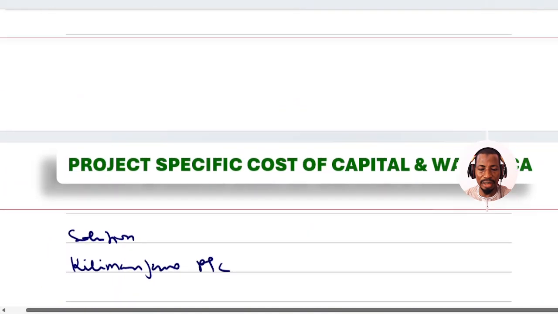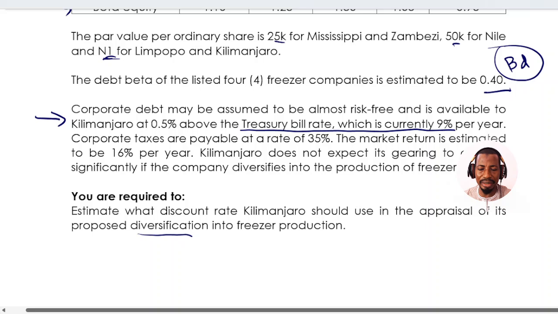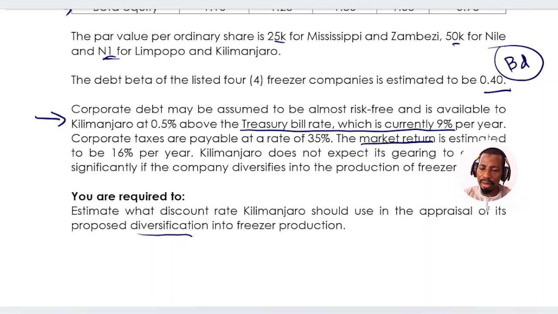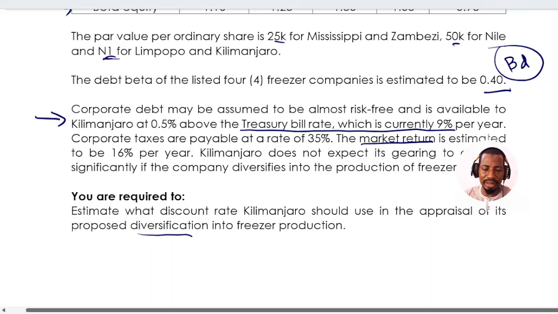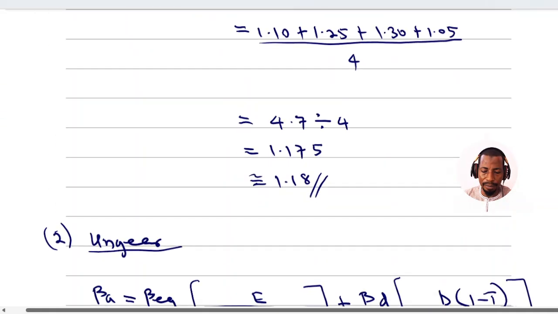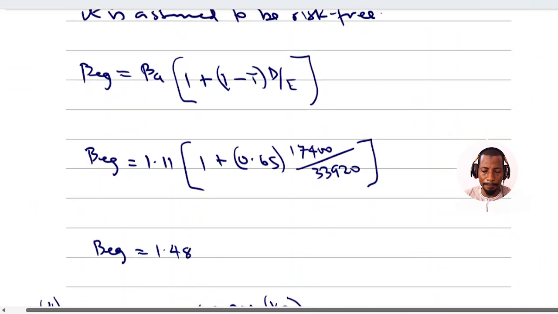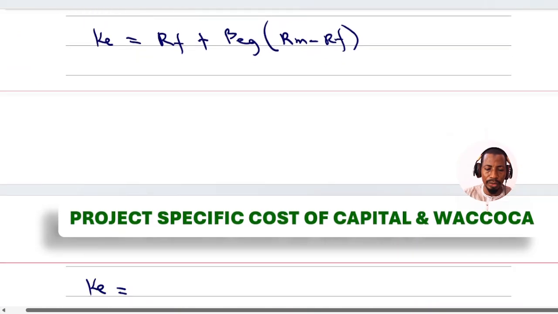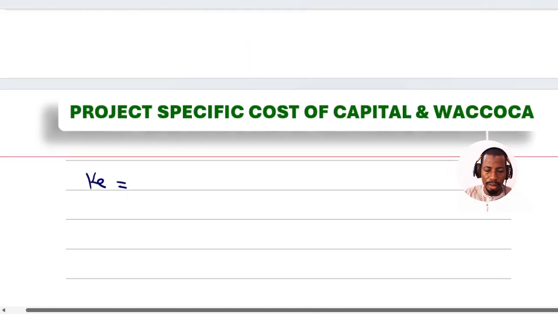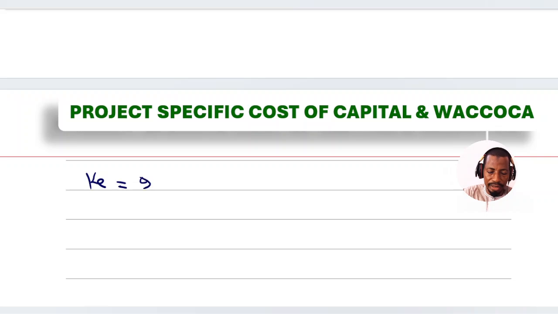So if the risk-free rate of return is 9%, what's the market return? The market return is estimated to be 16% per year. So here, the risk-free rate is 9 plus beta of 1.48 multiplied by market return of 16 minus risk-free rate of return of 9.